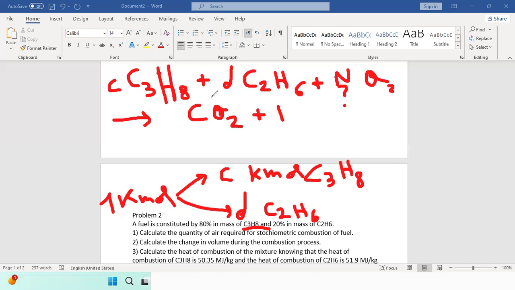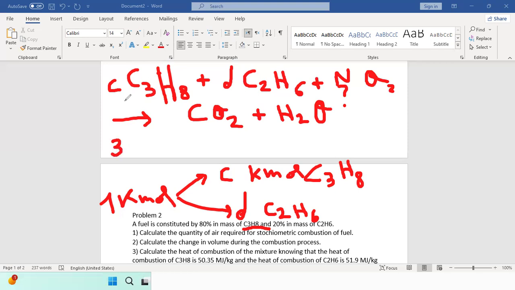So CO2 plus H2O. Here, I need to put coefficients for CO2 and H2O. It's very simple. I just rely on conservation of mass. So I can say how many atoms of carbon I have in reactives. I have 3C.